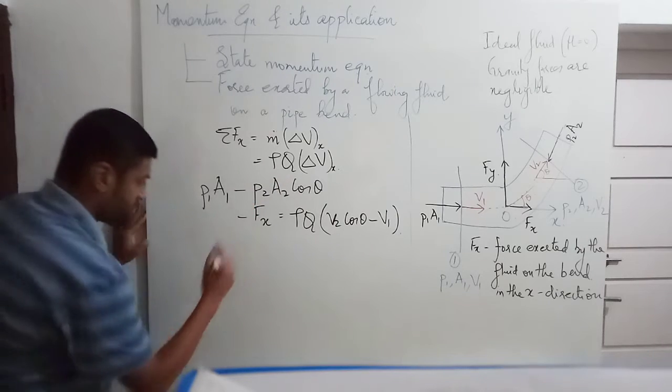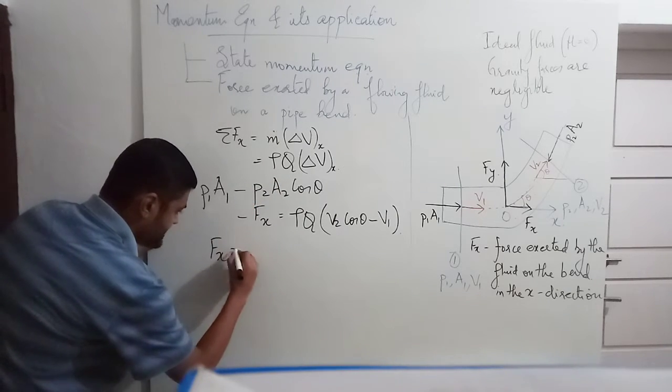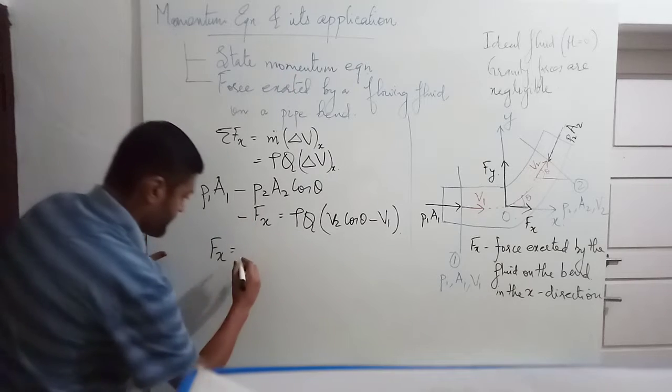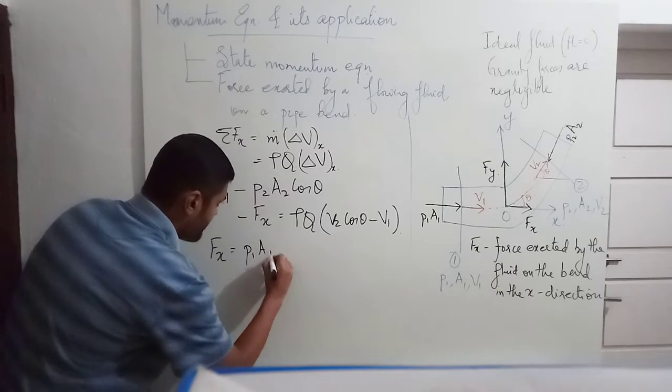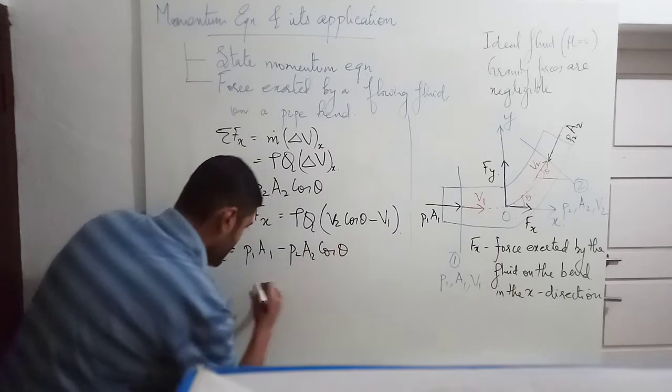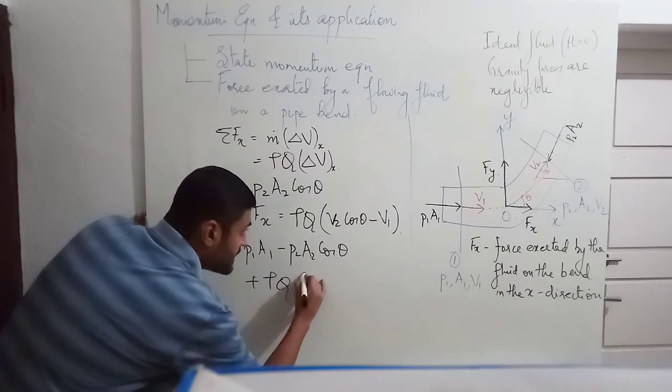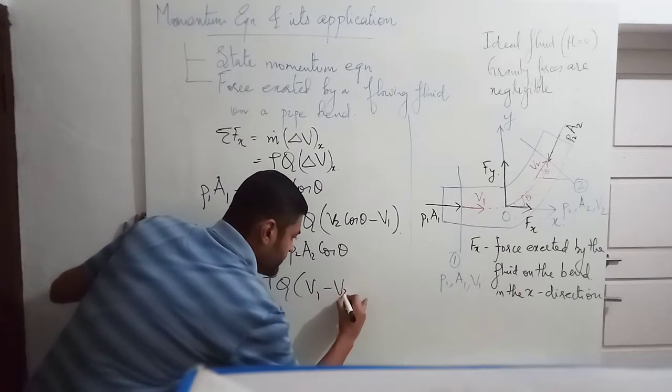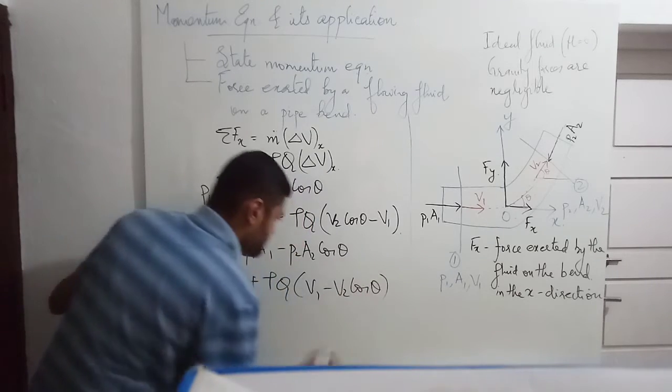Now rearranging this equation, I can write Fx is equal to P1 A1 minus P2 A2 cos theta plus rho q times V1 minus V2 cos theta.